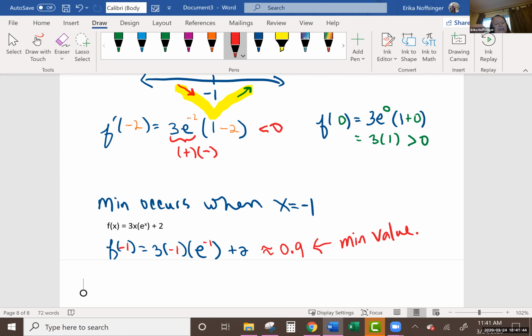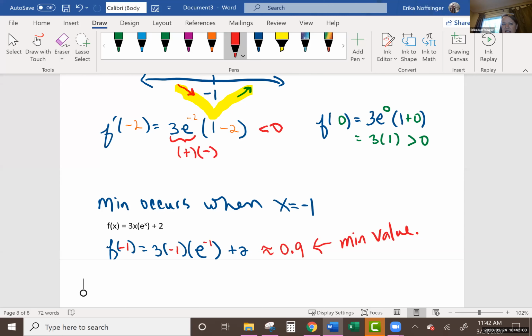So it's a review of all of our techniques of taking the derivative and then applying what we're learning about derivatives representing how our graph increases or decreases, finding max and mins.